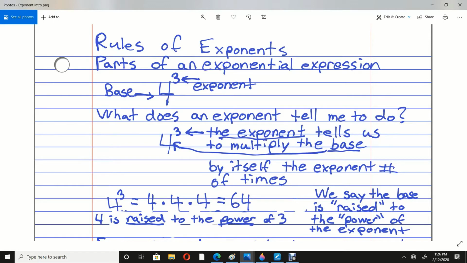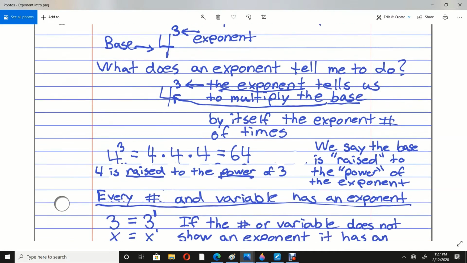So we want to simplify or evaluate that exponential expression: 4 to the 3rd power, 4 times 4 times 4 equals 64. You can grab your calculator and check, but I promise. So we say the base is raised to the power of the exponent. Again, here we have 4 to the 3rd power, and we say 4 to the 3rd power.